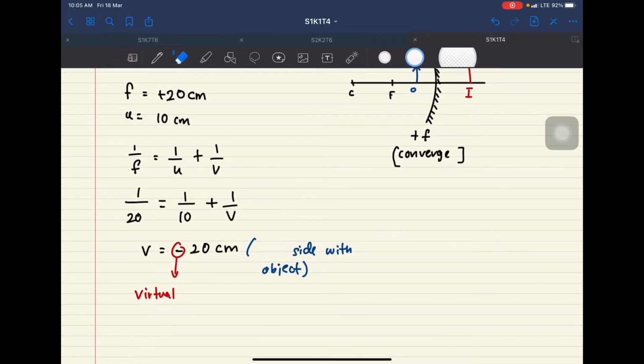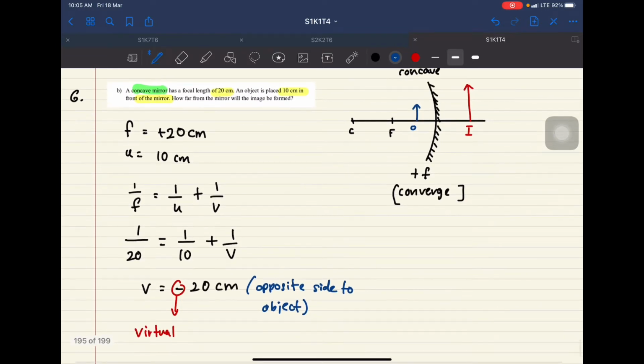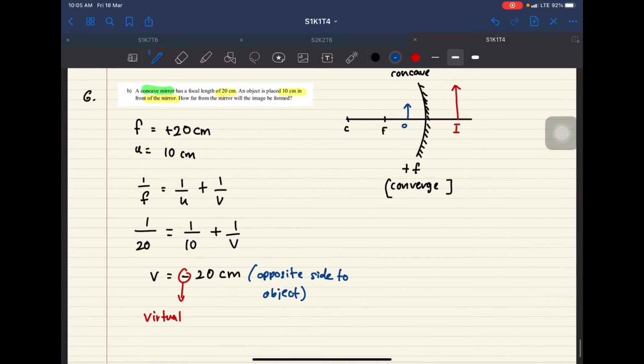So this one is on the opposite side to the object. Just to be sure, the image is virtual, opposite side. So our prediction agrees with this final answer.